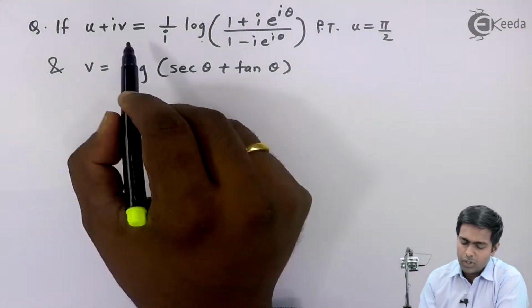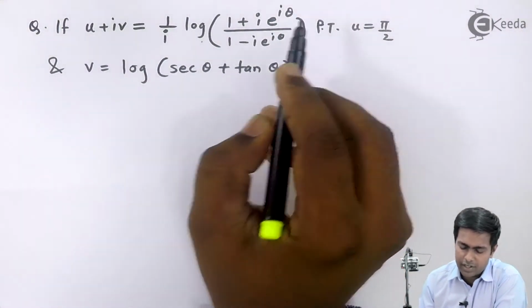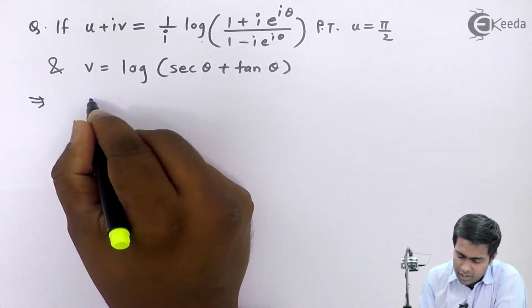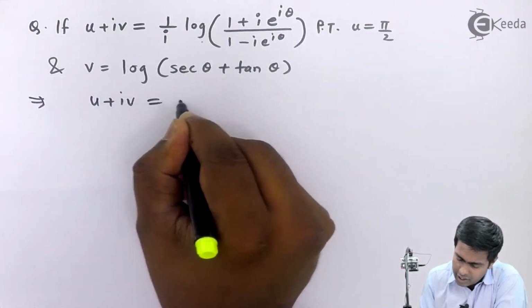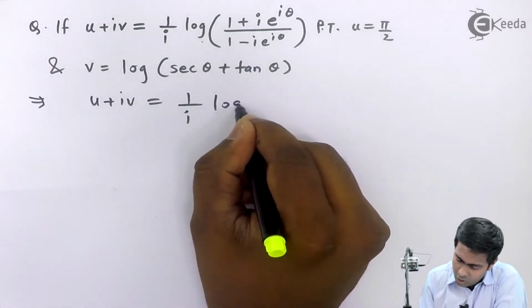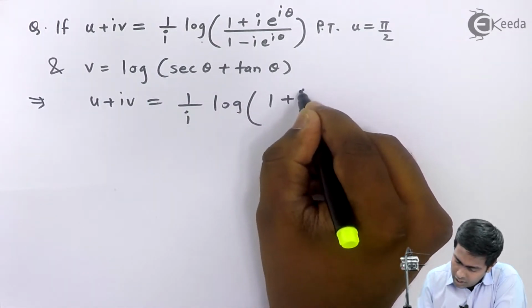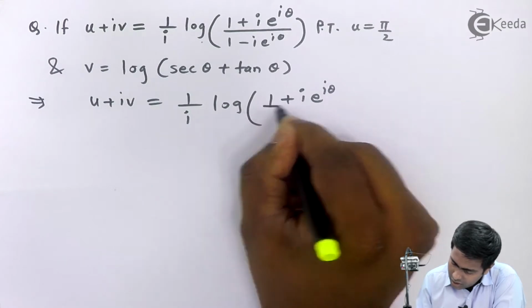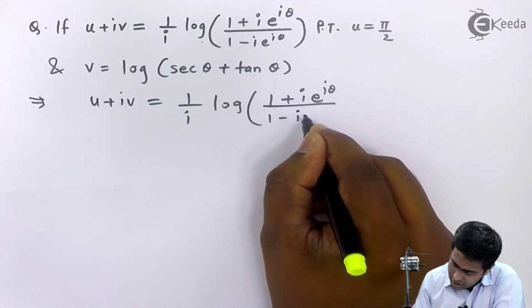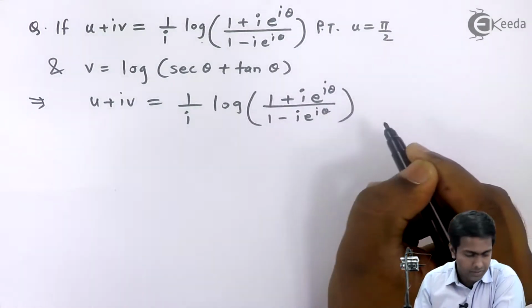Now to prove this sum, let's start with the given result. The given term is u plus iv is equal to 1 by i log of (1 plus i e raised to i theta) upon (1 minus i e raised to i theta).